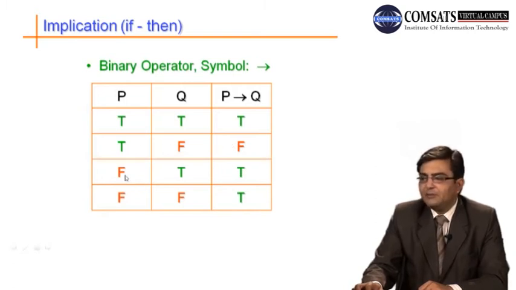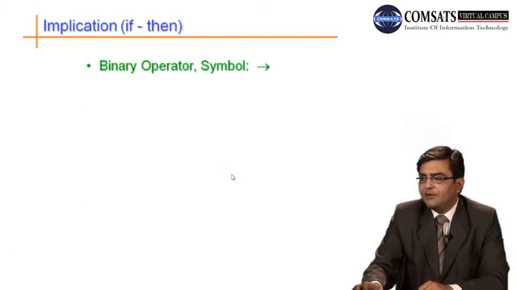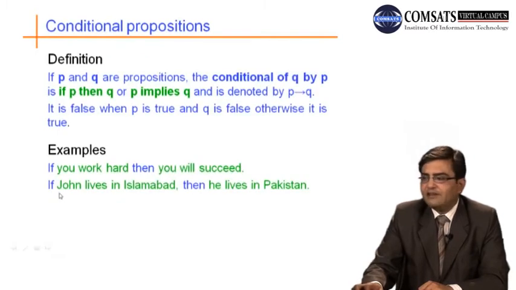If we say that the hypothesis, which is P, is false and the conclusion is true, then this conditional statement is true. As I have told you in the previous example, if John doesn't live in Islamabad, then he lives in Pakistan. Then the hypothesis here is wrong and the conclusion he lives in Pakistan is true. As I told you, if John doesn't live in Islamabad, then he may live in Rawalpindi, Karachi.